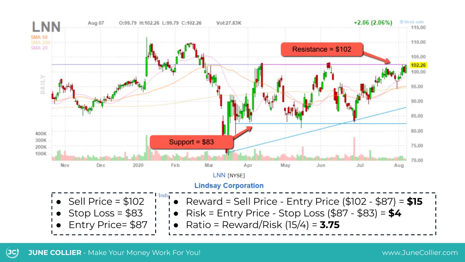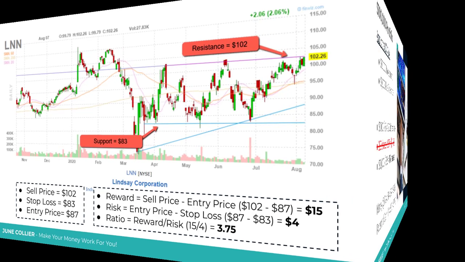The risk is $87 minus $83, which is $4. We take the reward, which is $15, and divide it by the risk, which is $4, and it gives us 3.75 as our ratio. This is a 3-to-1 ratio, and it works.